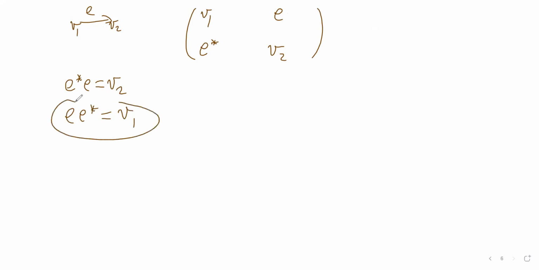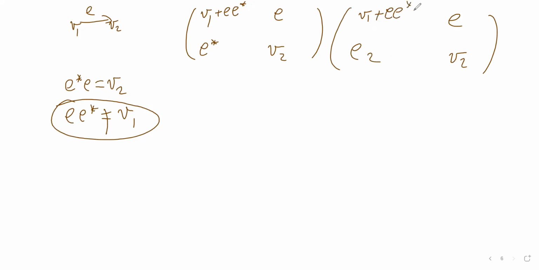And this is precisely this one relation which is missing in the cone algebra. So when I do such a multiplication, let me just take the same thing, V1, V2, E star. So because this is not equal to V1, I have to basically do the following. I have also here plus E star. I have the second idempotent, here, plus E star. This is what gives me this two-dimensional ring.